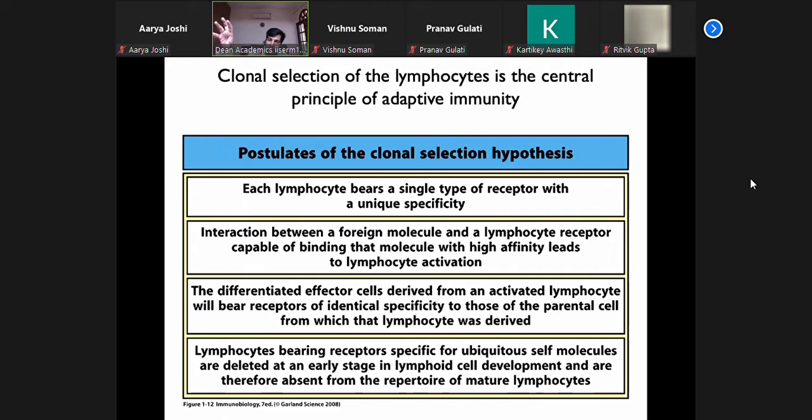Even if you have 5,000 or 10,000 or 1 million of those receptors on the surface, each one of them will have one particular specificity, the same specificity.